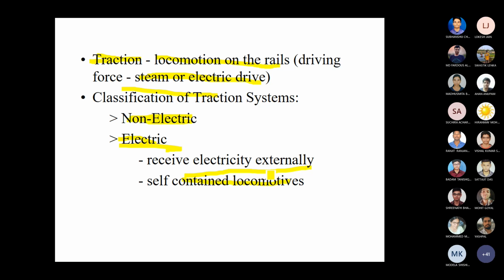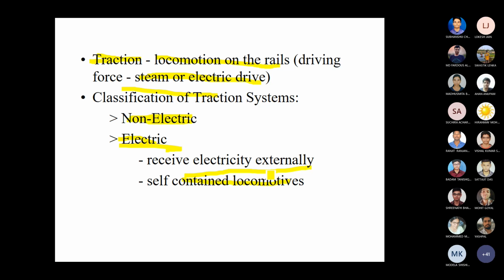You can see it in the Shatabdi Express, Rajdhani Express, most of the prime trains. That is responsible for generation; it has an inherent bus system, and from that bus system they provide the supply, and the motor also runs from it. So it is based on self-generation.